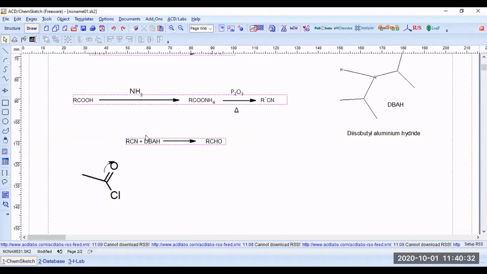Normally this reagent, what will it make? This arrow will not be there now. What happens?